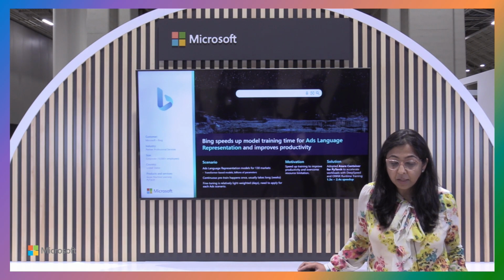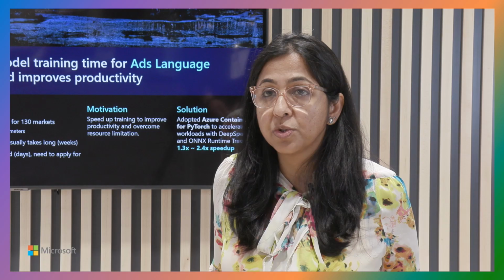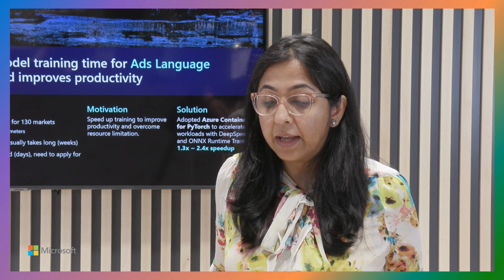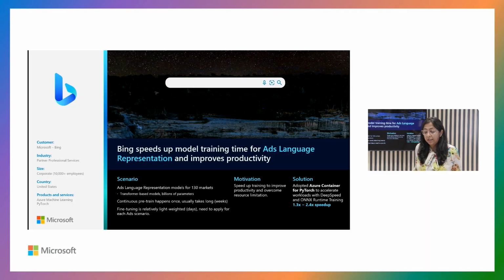So one of the 1P scenarios we had is from Bing. So Bing Ads team runs transformer-based model trainers, which use billions of parameters, and they're enabled for over 130 markets. So training and resource management is a big area of concern for them. And so what ACPT helps do is that it helps reduce the training time.